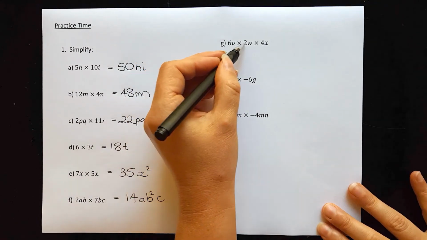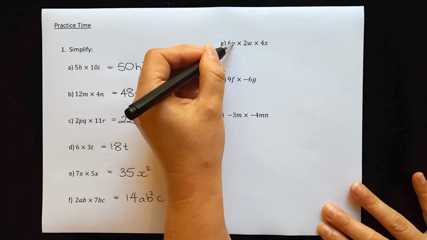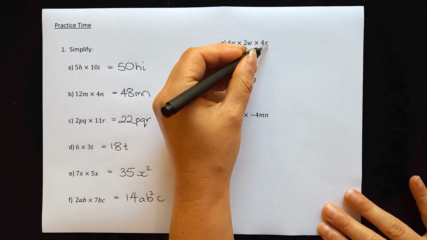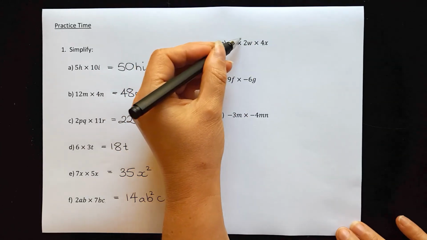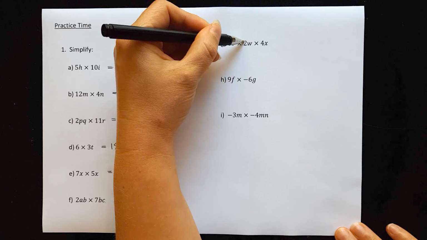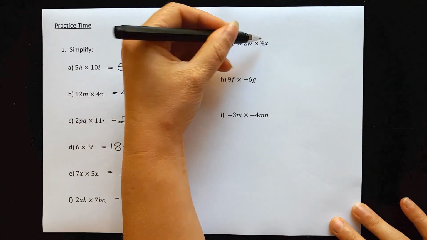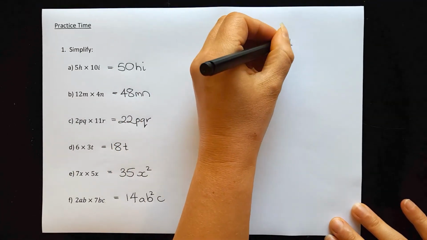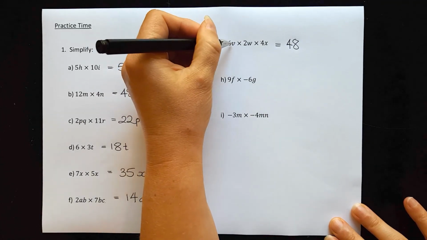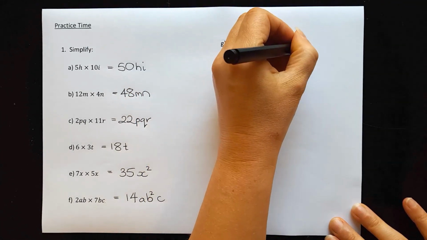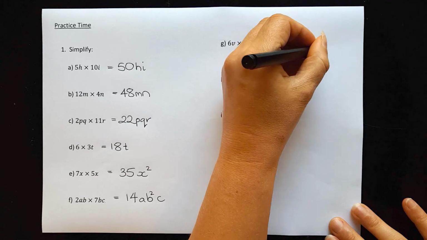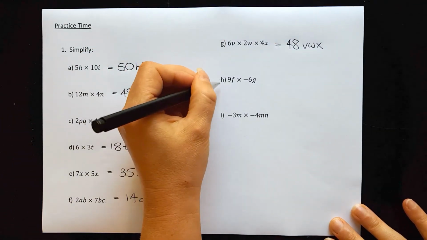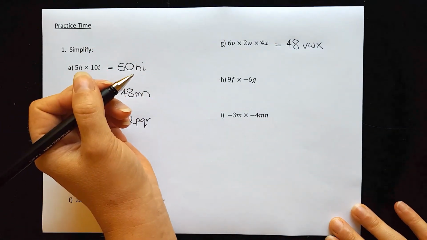G, we have 3 things multiplied, 6v times 2w times 4x. 6 times 2 is 12, 12 times 4 is 48. Then collecting up the letters, V, W, and X. For H and I, we have some negative numbers in here.